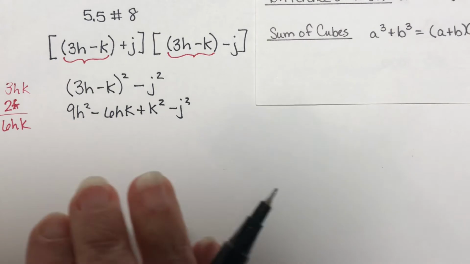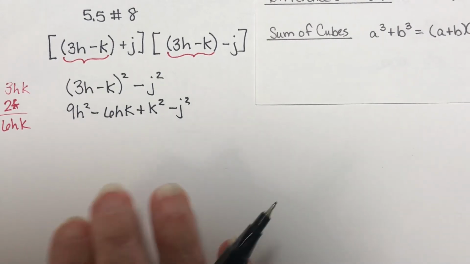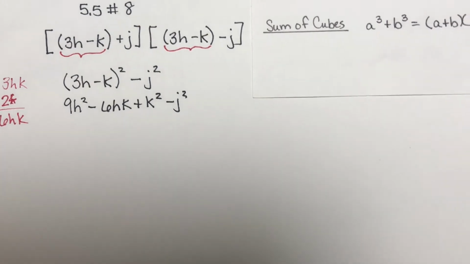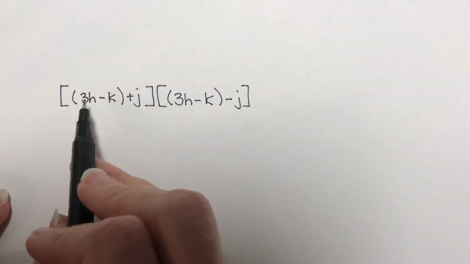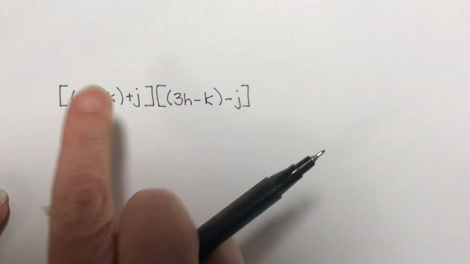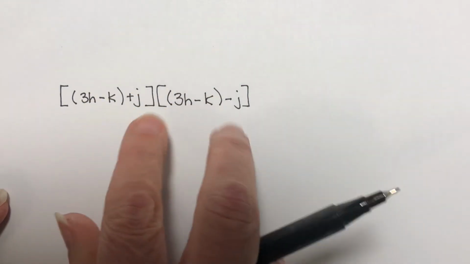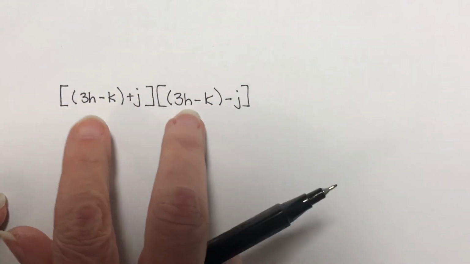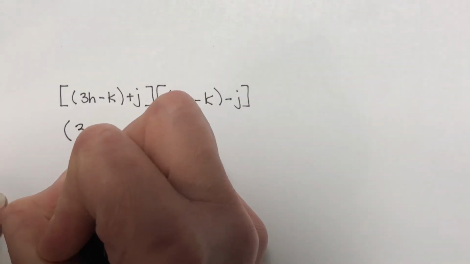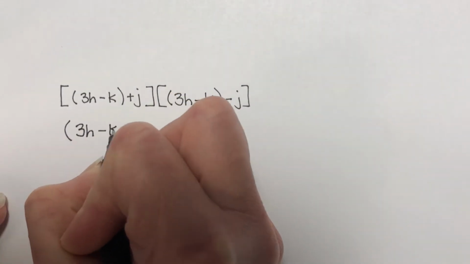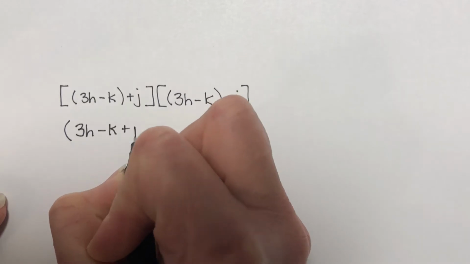That's the way they hope that you recognize to do it, but it is not the only way to get it done. I've rewritten the problem here. And instead of seeing it as where we have parentheses inside where these are grouped together so that hopefully you see that they are the same, you can also just think of this as two trinomials that you are multiplying together.